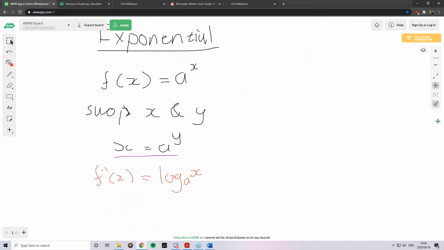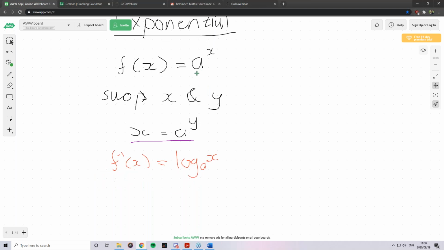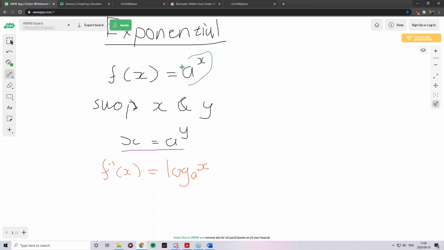And this makes sense because an exponential obviously has exponents. If a log tells me what exponent I need to raise it to get a certain number, then of course mapping outputs to inputs for an exponential is going to be a log. Now, what you can see here is a very easy shortcut you can do. Notice that this is just this.